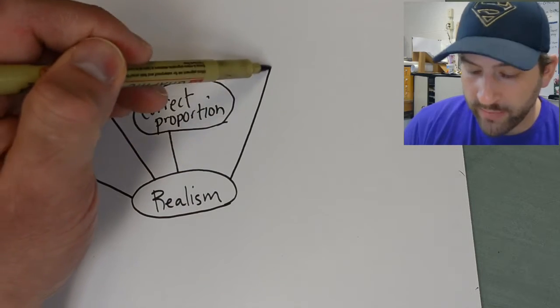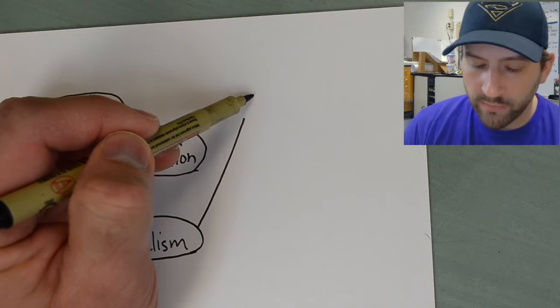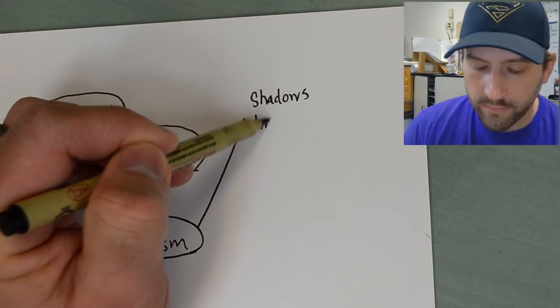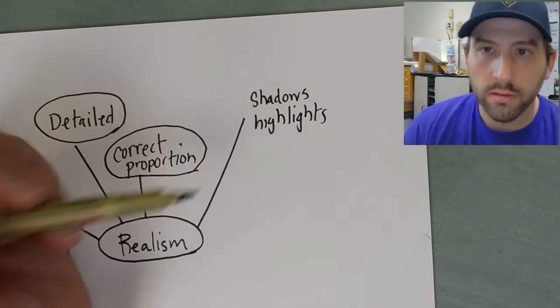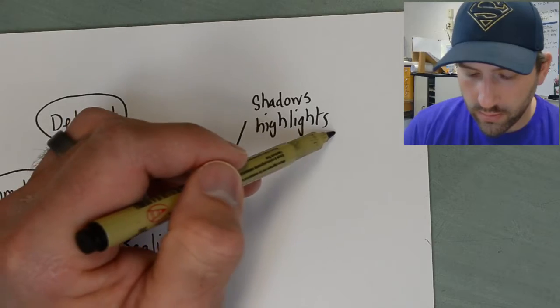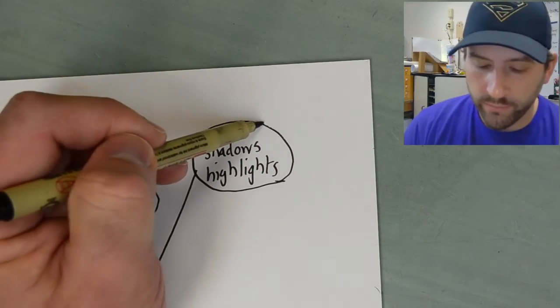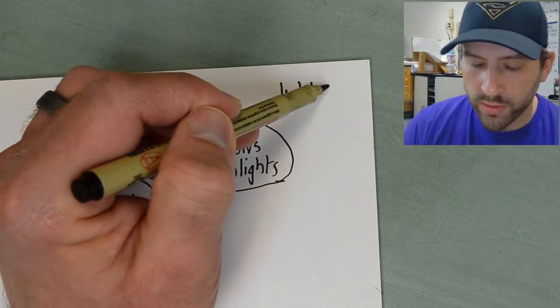When I think of realism, I think that it usually has some believable shadows and highlights. And then I can branch off from that idea too. And I think about how there's a light source.